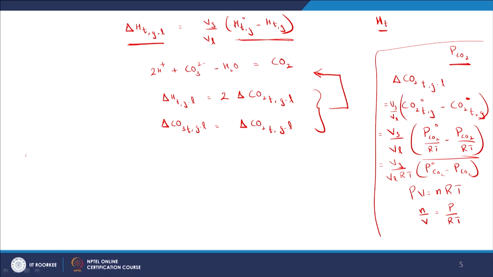So we have our H total, let us say, and what is that equal to now? This is H total in the liquid phase, which is going to be equal to concentration of H plus minus concentration of OH minus plus 2 times the concentration of H2CO3, right, plus 1 times the concentration of HCO3 minus.